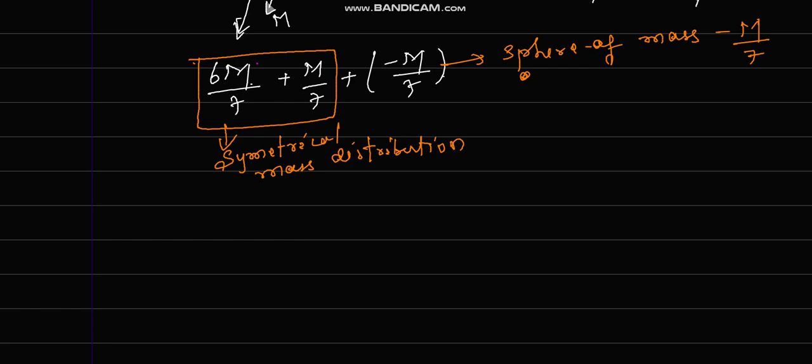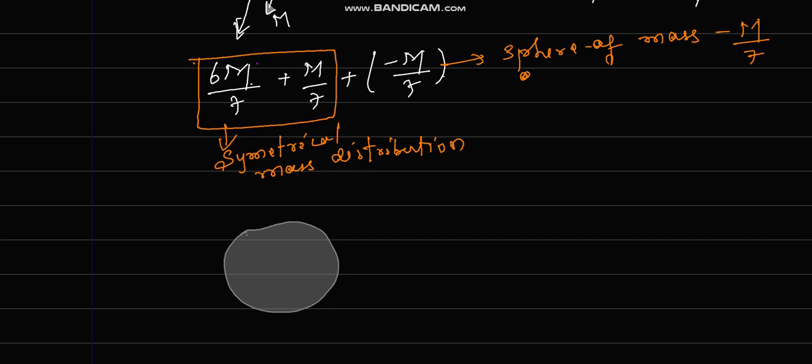So now we have a combination of mass m, and another one with minus m by 7.